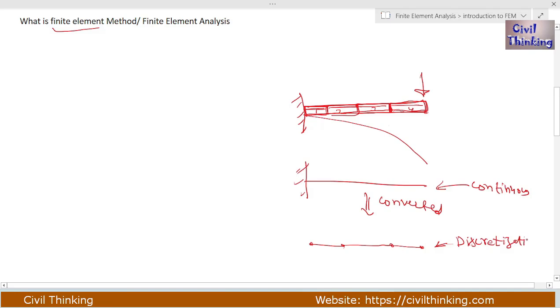This process is called discretization, in which a continuous body is converted into discrete elements.